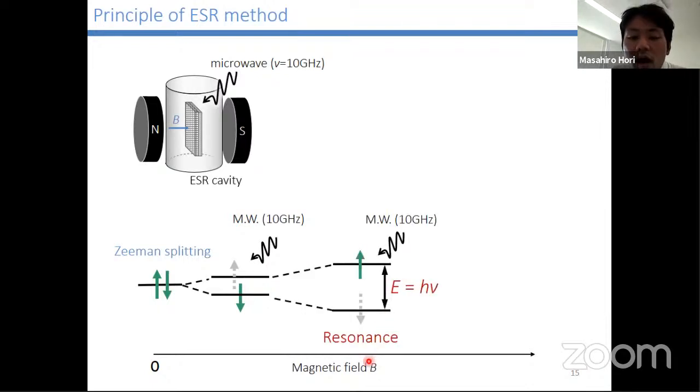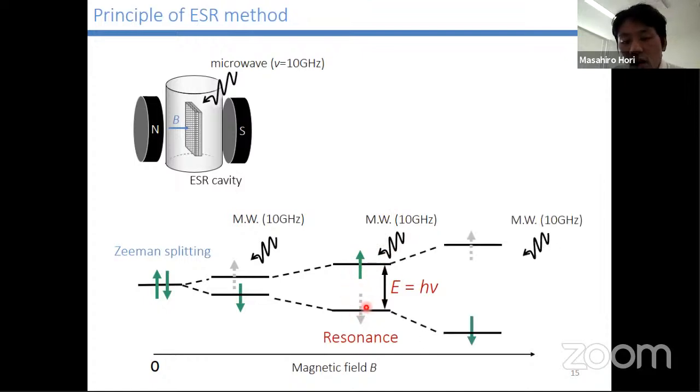But at a middle magnetic field, the split energy is equal to the microwave energy. The electron spin resonance occurs. Moreover, at a higher magnetic field, the split energy is larger than the microwave energy. So there is also no electron spin resonance process.